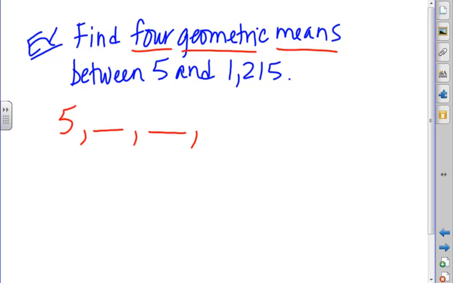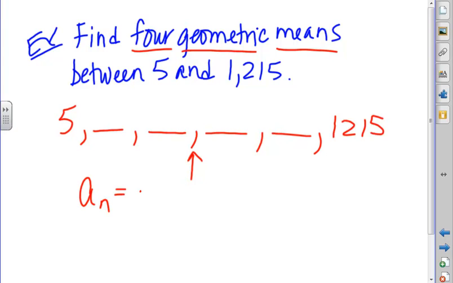1, 2, 3, 4, and then the number 1,215. If you'll notice, I can't get one that's right in the middle here, so I'm going to go about this from a different perspective. I'm going to use my explicit or general form, where I know that a sub n is equal to a sub 1 times the common ratio raised to the n minus 1 power.